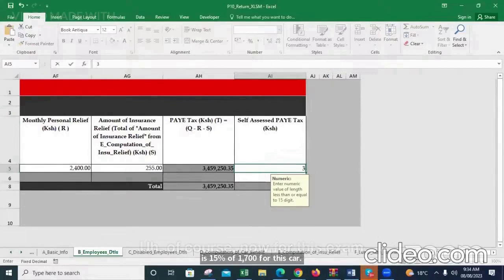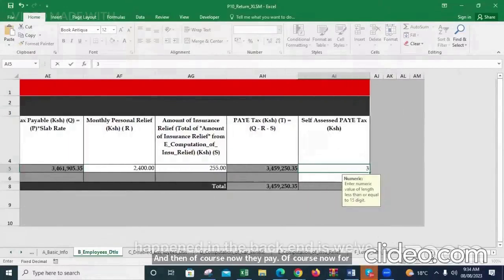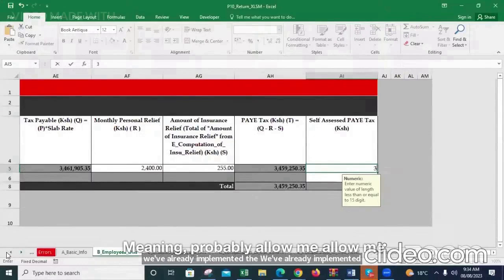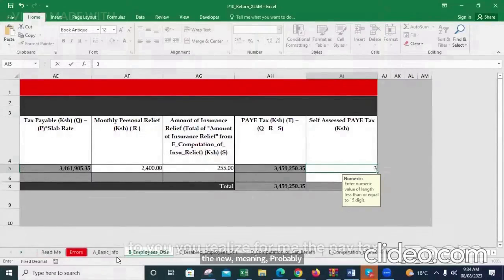For this example, what has happened in the back end is we've already implemented the new rates. The PAYE tax is 3.4 million for this person.